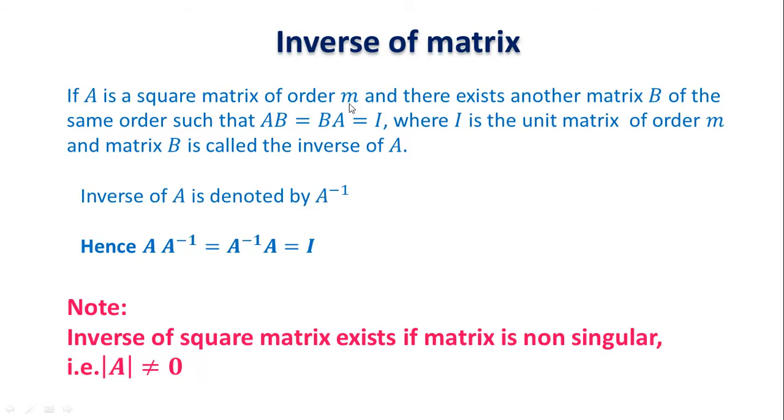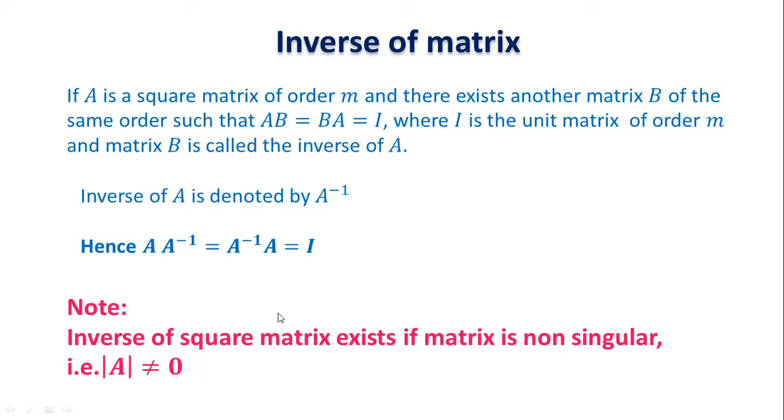So what are the conditions for the existence of the inverse of a matrix? First of all, the matrix must be a square matrix and that square matrix must be non-singular. So remember this carefully. We have discussed the definition and the condition for existence of the inverse of a matrix.